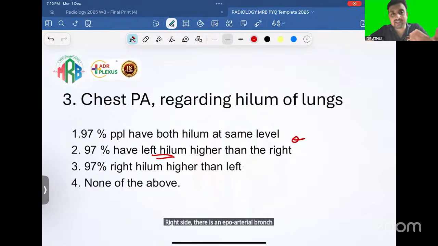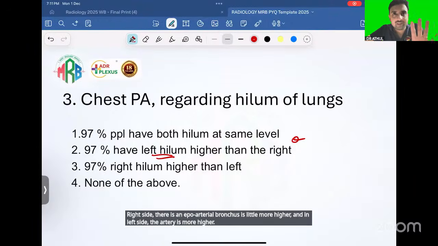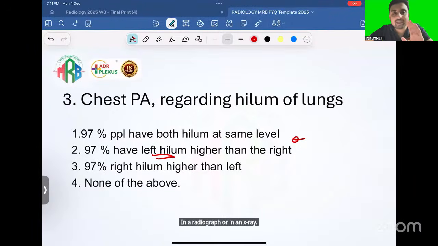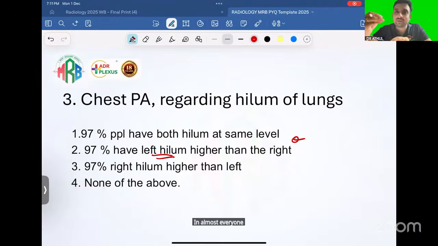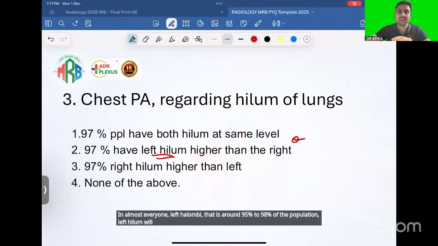The bronchus is a little higher, and on the left side, the artery is higher. In a radiograph or in an X-ray, the hilum is formed by the artery. You are seeing only the shadow of the artery. So left pulmonary artery is slightly higher than right pulmonary artery. So in almost everyone, around 95 to 98% of the population, left hilum will be slightly higher than right hilum.